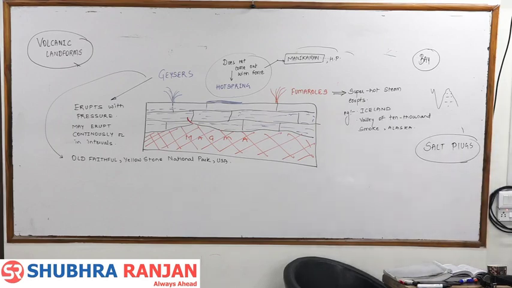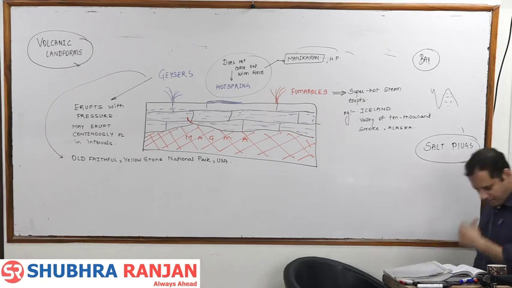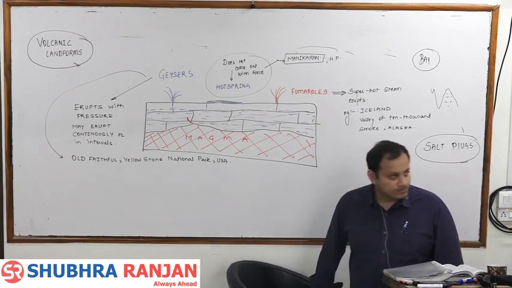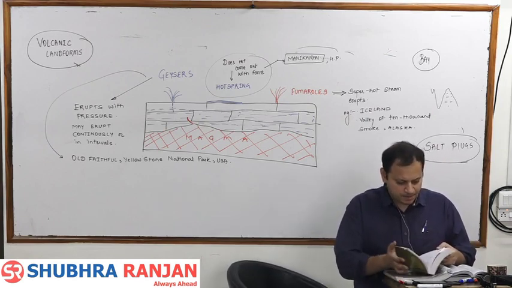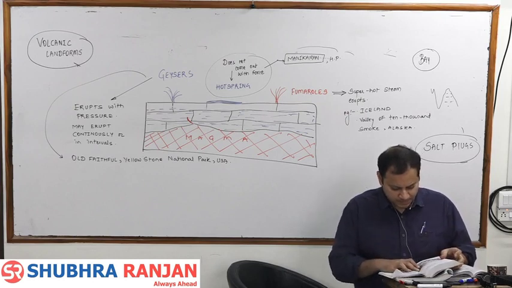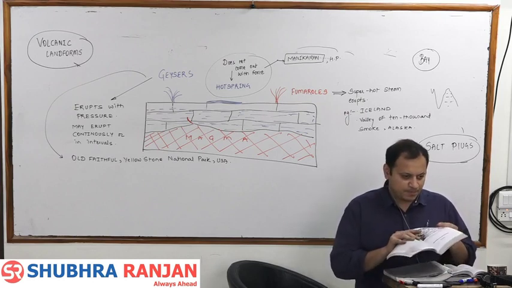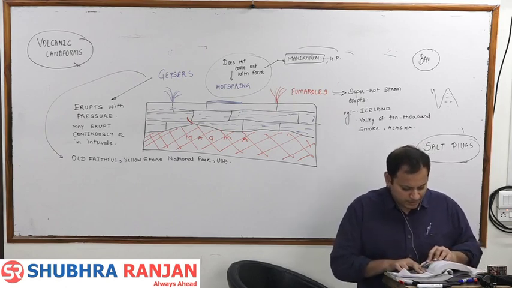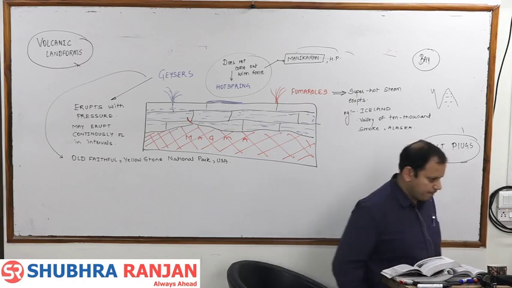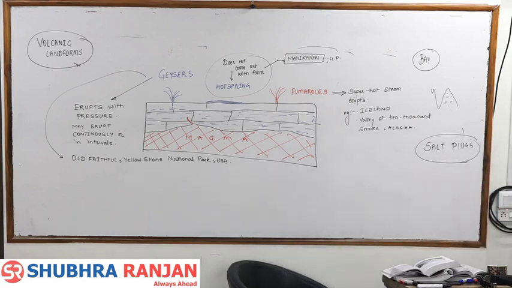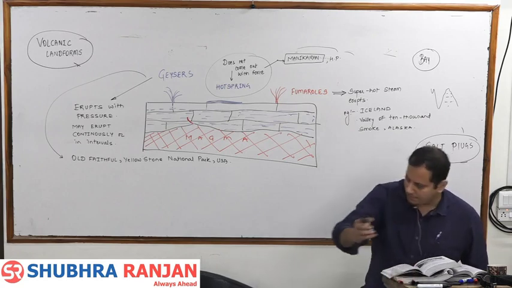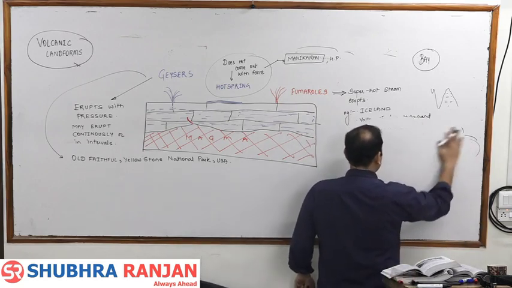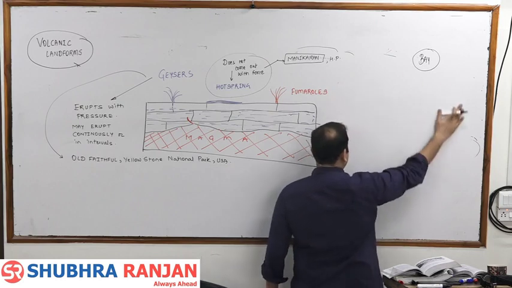Sometimes the features that are found on the earth look strikingly similar to volcanic landforms, and such features are known as pseudo-volcanic features.